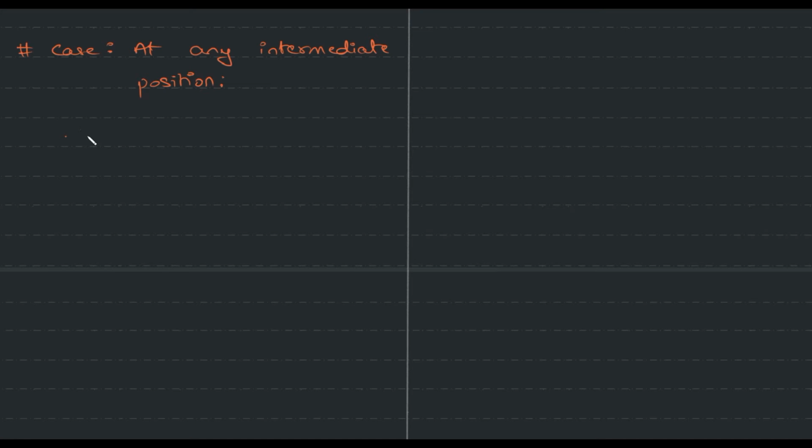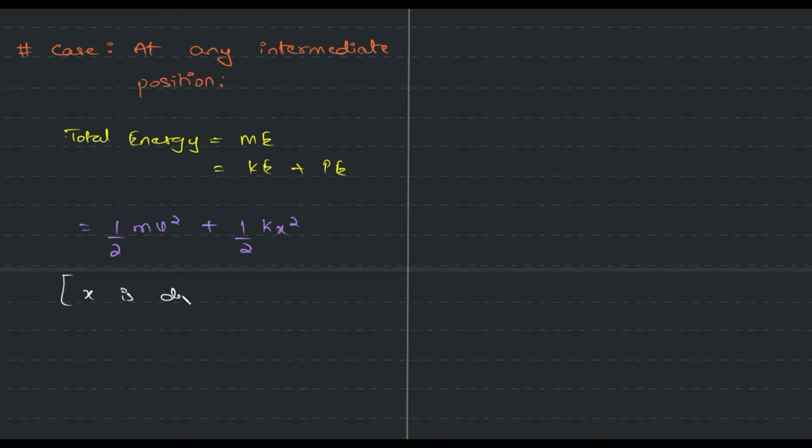In this case, we can talk about the total energy, that is your mechanical energy, which will be equal to your kinetic energy plus potential energy. So it is half m v square plus half k x square, where x is your distance from the origin. x is the distance from your mean position.